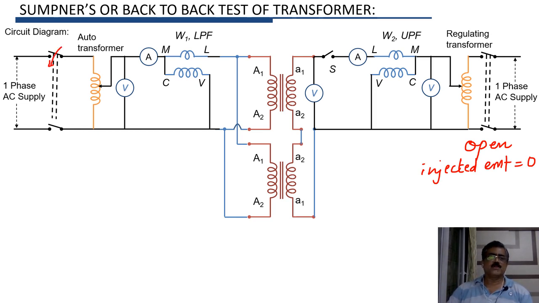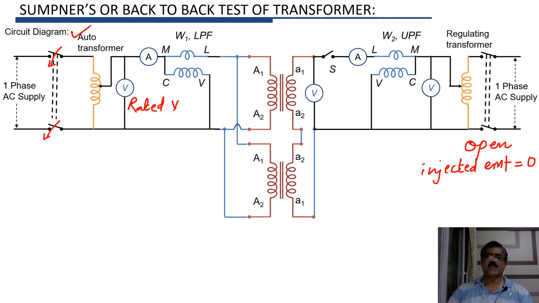The switch on the primary side is closed, and the voltage across the primary winding is adjusted to rated voltage with the help of the auto transformer. Let us now see what will be the current on the secondary side.